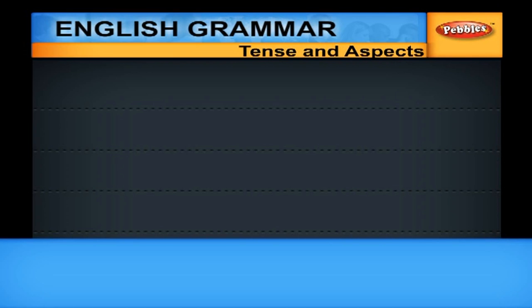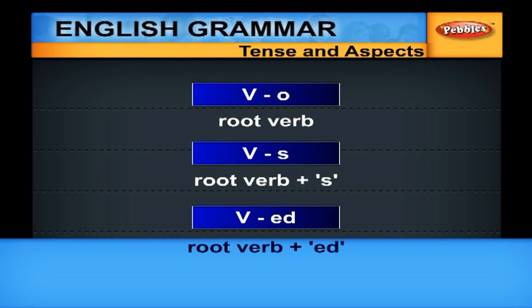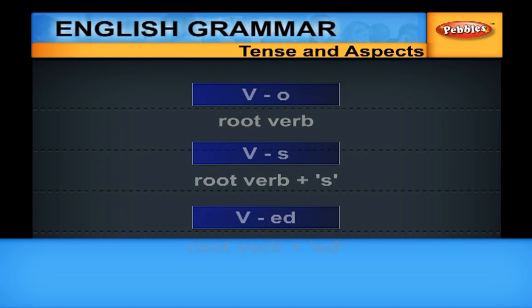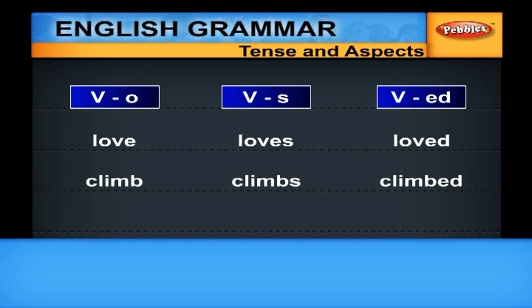So we have seen VO, the root verb; VS, the root verb added with s; VED, the root verb added with ed. VO love, VS loves, VED loved. VO climb, VS climbs, VED climbed.